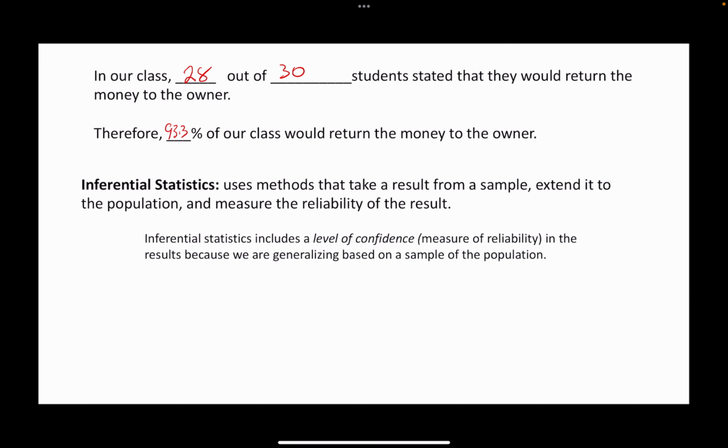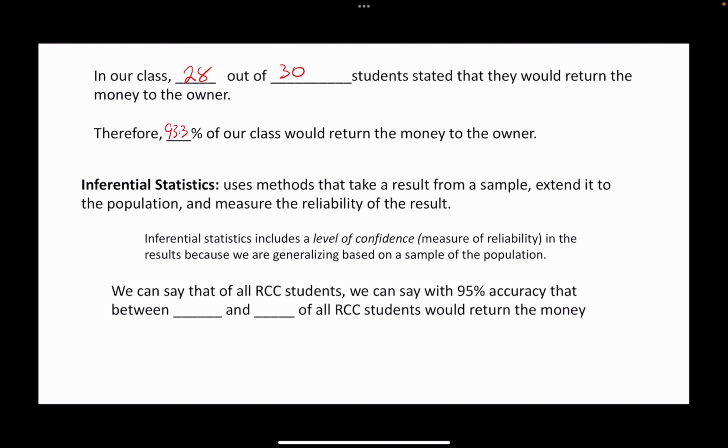I would have to have a level of confidence. You've seen this in elections where they're doing polls and they say 93 plus or minus 2%. So between 91.3 and 95.3, I went 2 down and 2 up.